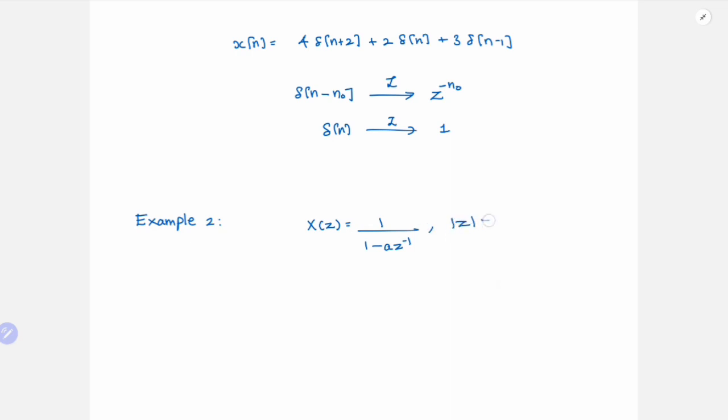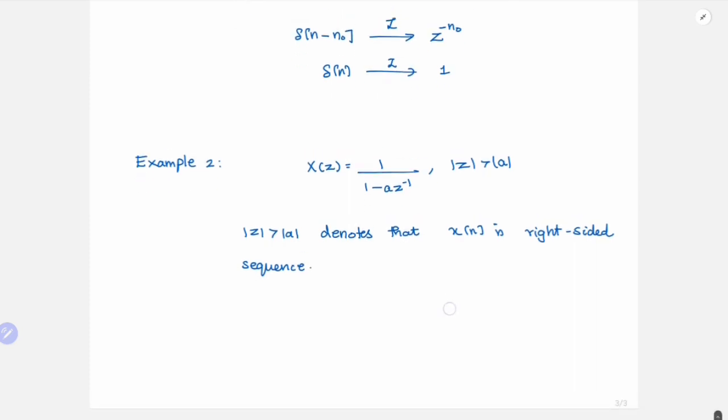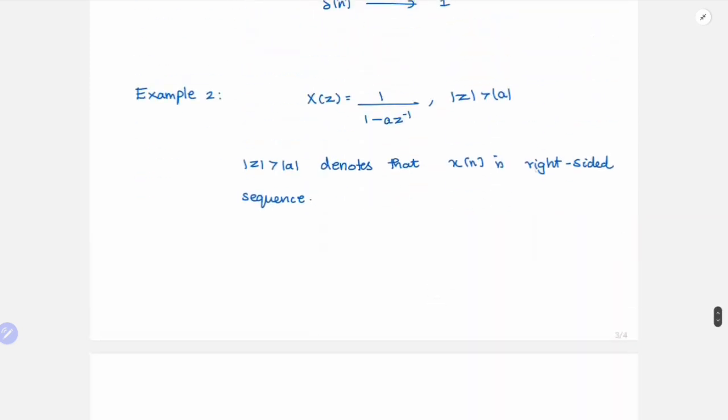So your ROC can be mod z greater than a or mod z less than a. We'll see first for mod z greater than a. Mod z greater than a denotes that x of n is a right-sided sequence. This we know from the properties of our ROC, correct? How will it look?